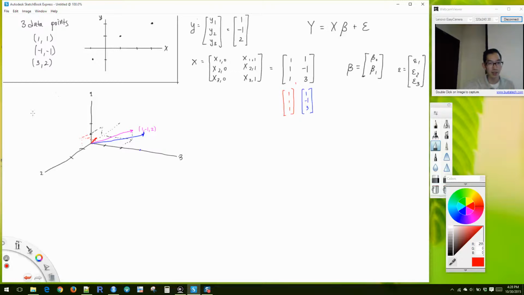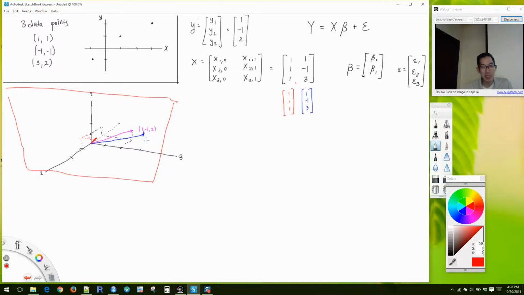Okay, I don't know what the plane looks like. So something like this. It's just terrible. There's no hope.